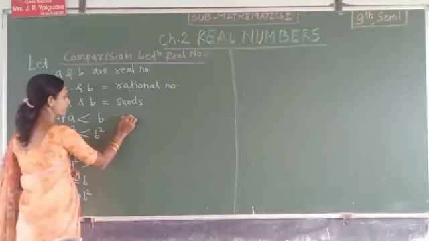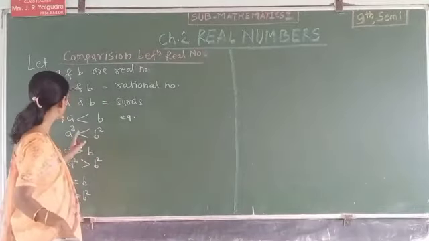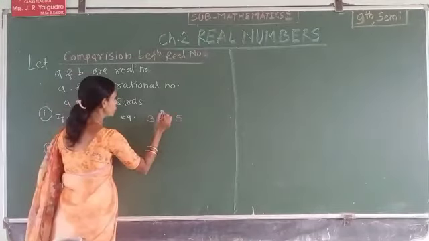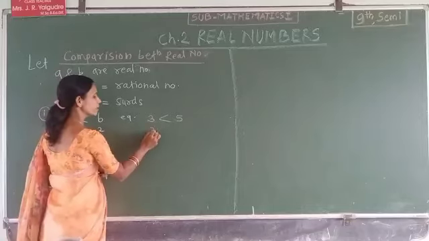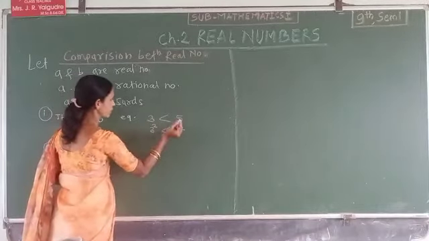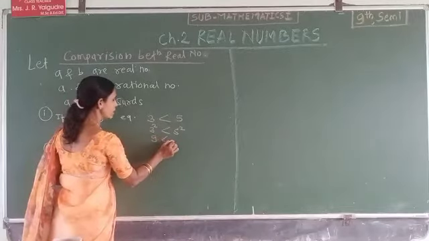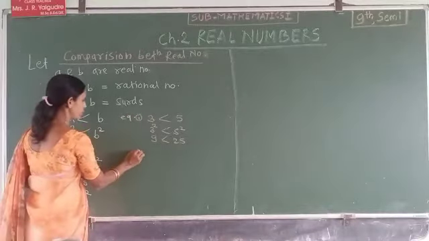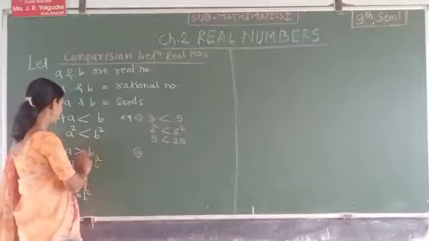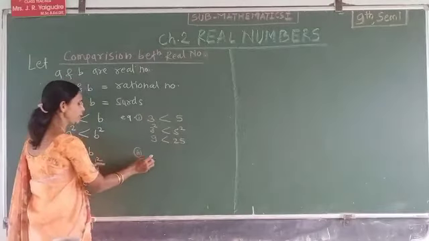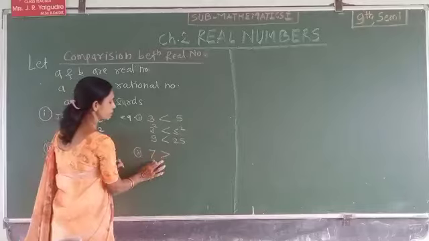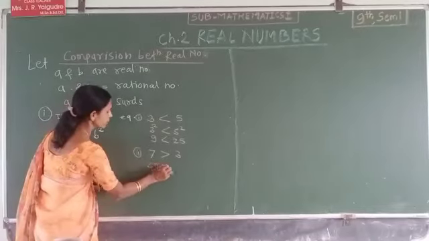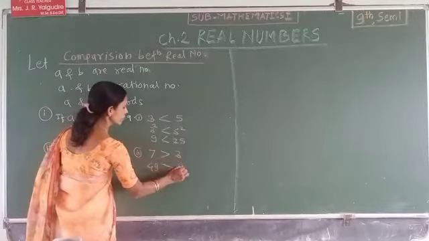Taking examples of real numbers, we can prove those properties. If A is less than B, that means 3 is less than 5, then 3 square is less than 5 square, that means 9 is less than 25. Similarly, the second property, if A is greater than B, that means 7 is greater than 3, then 7 square, that is 49, is greater than 3 square, that is 9.